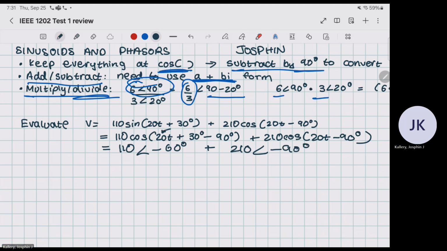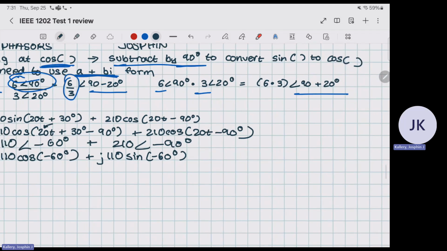Now, remember, since we have to add them, we cannot add them in this format. We need to convert each one of them to the a plus bi format. So for the first one, it's 110 cosine negative 60 degrees plus j 110 sine negative 60 degrees.